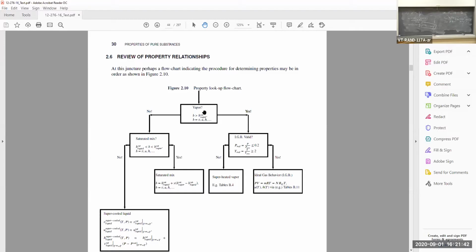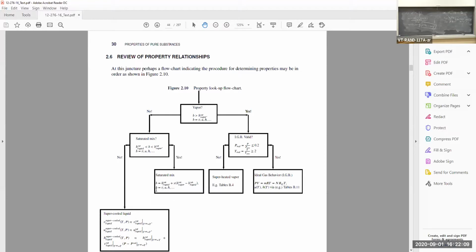If you are not a superheated vapor, then you could be a saturated mix. So is internal energy, specific volume, or specific enthalpy between that of the saturated liquid and the saturated vapor? In other words, are we within the dome? If so, then we're a saturated mixture, and you can calculate properties using quality.